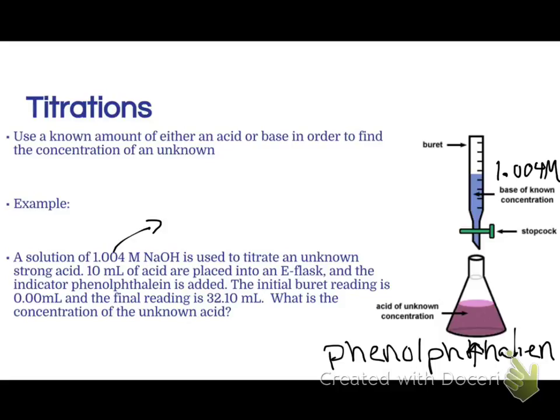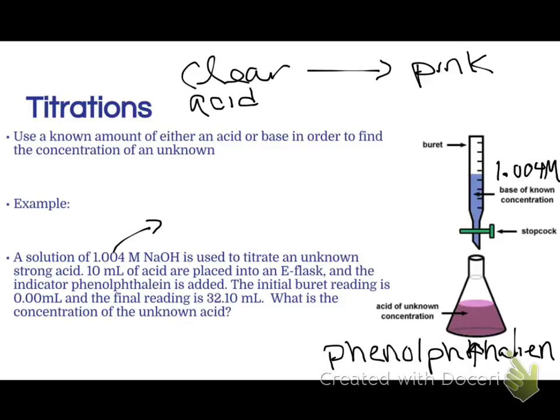Phenolphthalein is clear in a low pH environment, and then it turns pink when the pH is high. So, in other words, when it's acidic, it's clear, and when it's basic, it's pink. Our task is to find the point where it just barely turns pink. That's when the titration is over. I'll show you a picture of that in just a second.